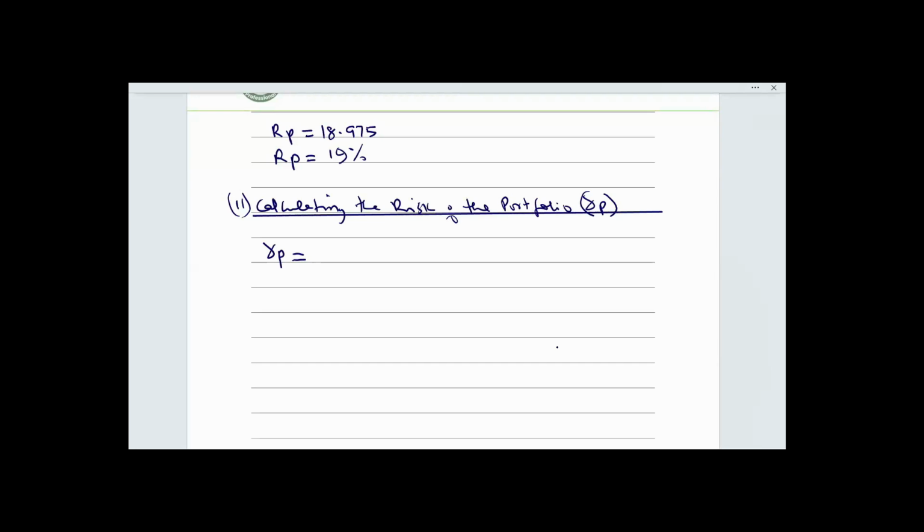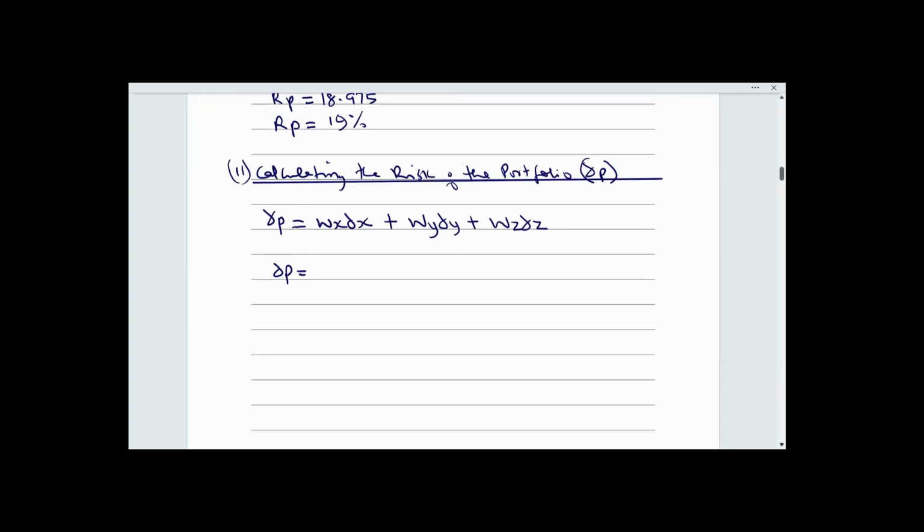You are going to take the proportion invested in security X multiplied by the risk of security X, plus the proportion invested in security Y multiplied by the risk of security Y, plus the proportion invested in security Z multiplied by the risk of security Z. We are using this method because the examiner says you should use the capital asset pricing model method.